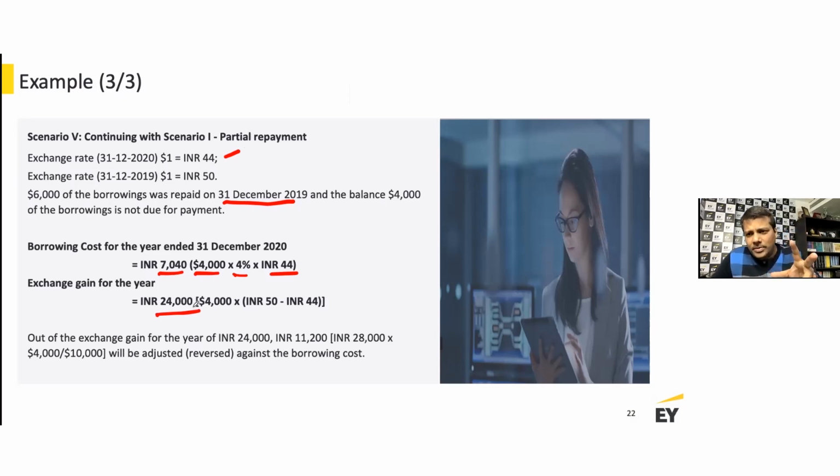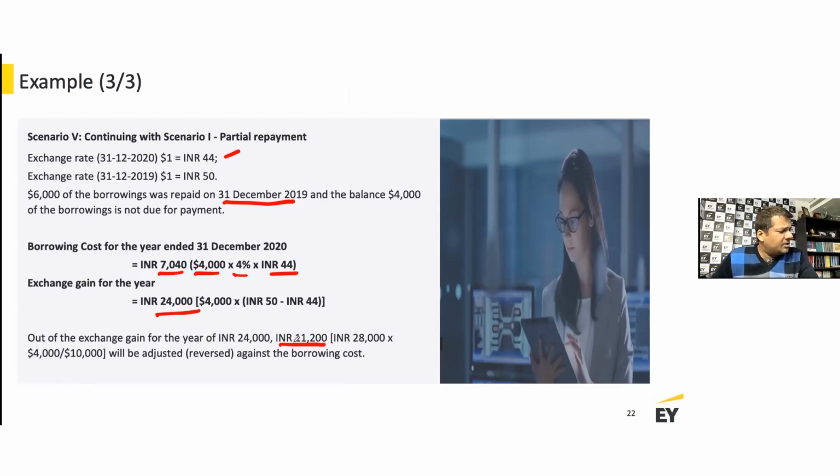Now I need to remember that out of the 28,000 of exchange loss which I had capitalized, how much is in relation to the $4,000? Because 6,000 has already been paid back, so that's history. The exchange loss was 28,000 in total, so a 4:6 ratio, essentially. So the exchange gain adjustment is 28,000 into 4 by 10,000, which is 11,200.